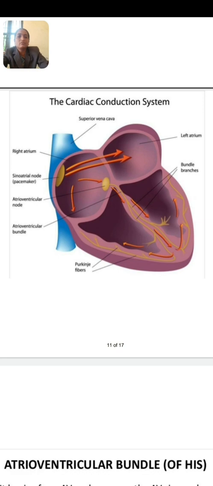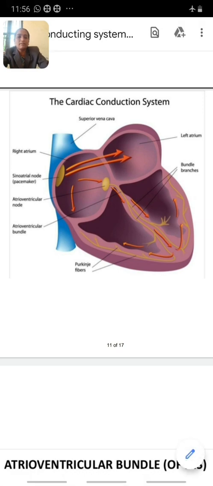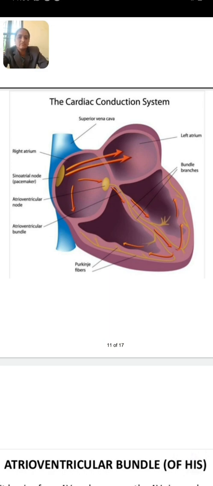When the ventricles get full of blood, they contract and blood flows to the pulmonary aorta and systemic aorta. So the conduction is only for the contraction of heart muscles, or for the pumping of the heart, and it is carried out by a special system known as the conducting system.